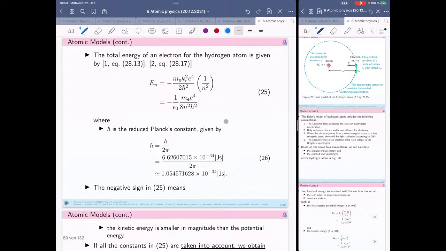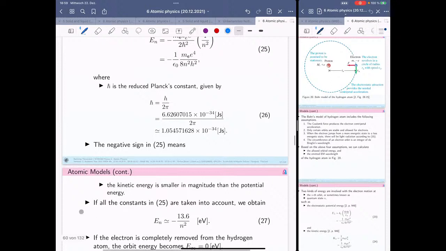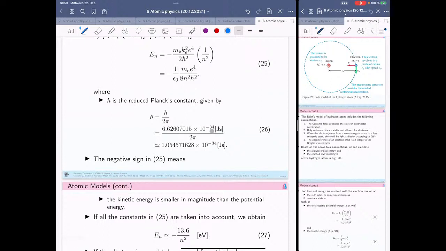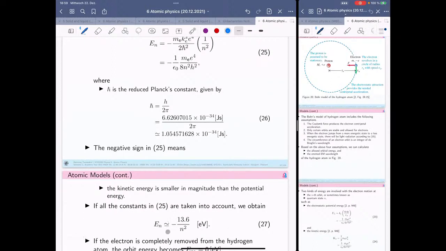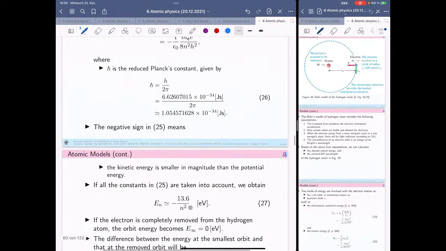The negative sign in equation 25 means the kinetic energy is smaller in magnitude than the potential energy. If all the constants in 25 are substituted here, you will arrive at a simple expression, which is only negative 13.6 over n squared. Please note that the unit of this one is actually joule, and we convert it immediately to the appropriate scale, which is electron volt.